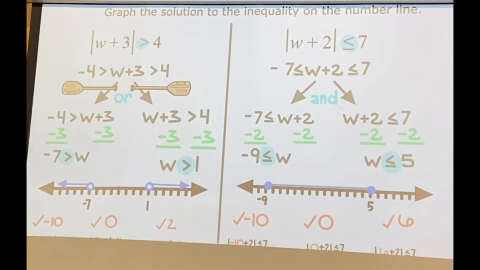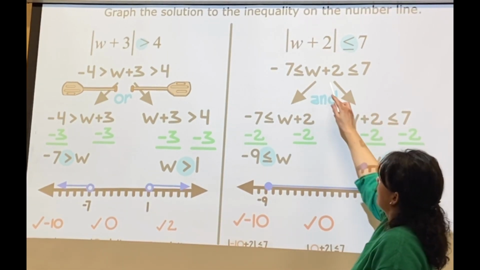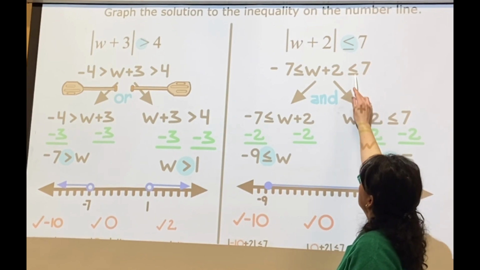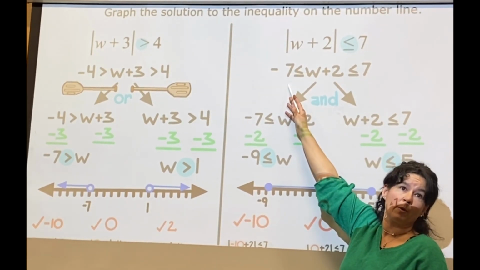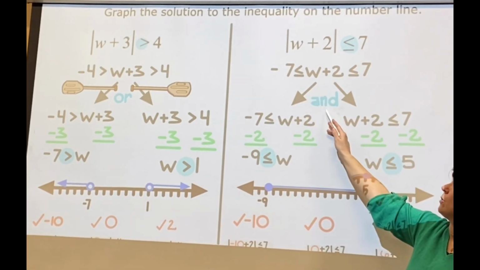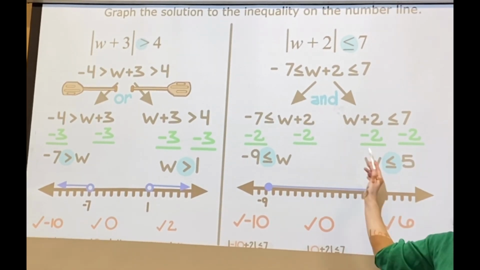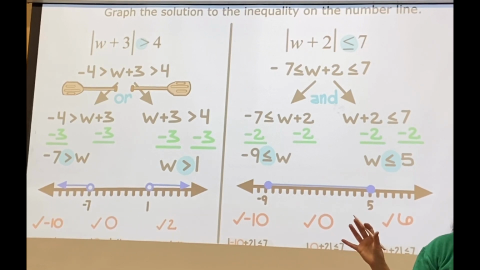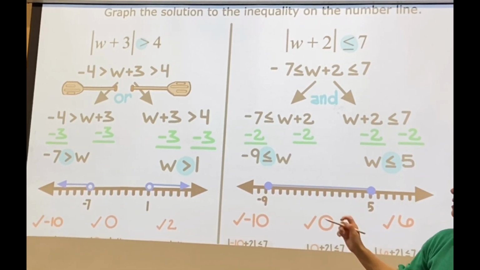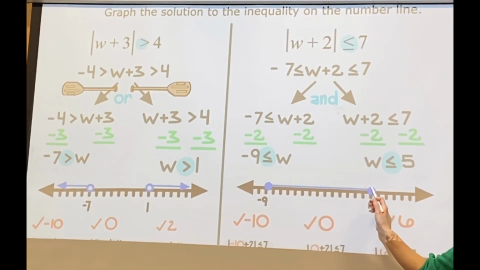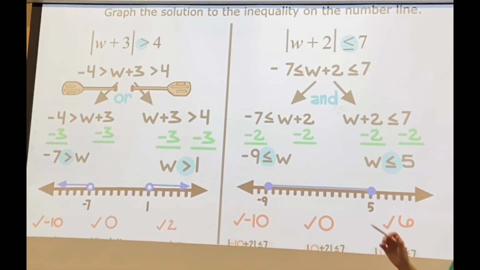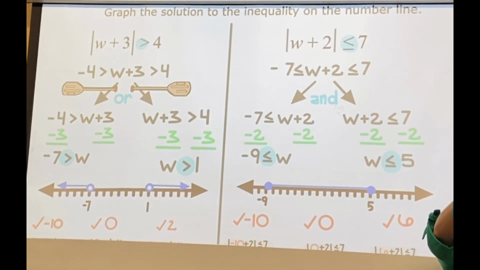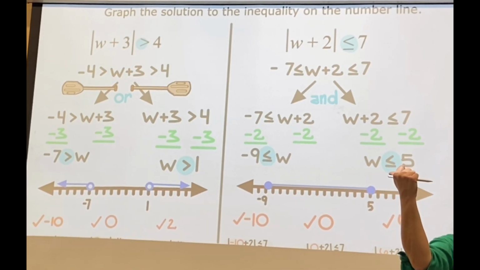So just step 1, copy it without the absolute value, slide that over, change the sign on that number, decide if it's an and or an or, write your 2 separate ones, solve them just by adding or subtracting, get the letter by itself. Then put dots on there, solid if it's underlined, open if it's not. And if it was an and, they're probably going to connect, and if it was an or, they're going to go away.